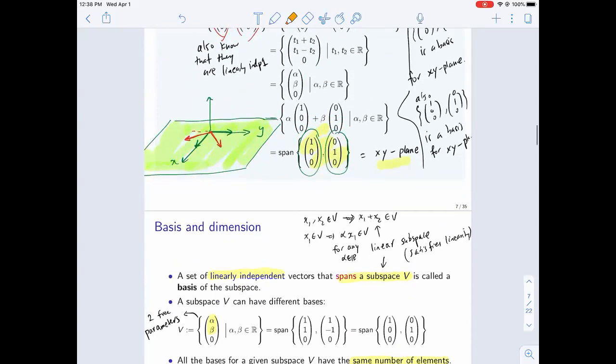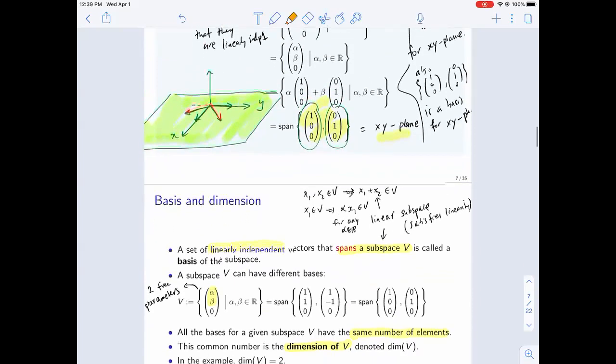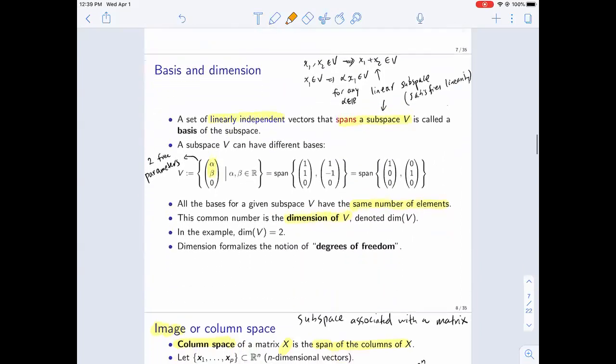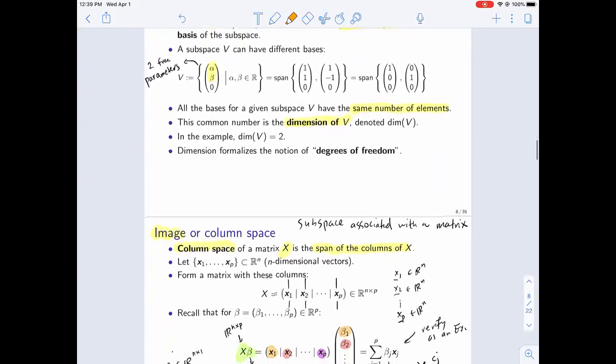So the dimension of the xy plane is 2, which is not surprising. It matches our geometric intuition. The dimension also formalizes the notion of degrees of freedom.